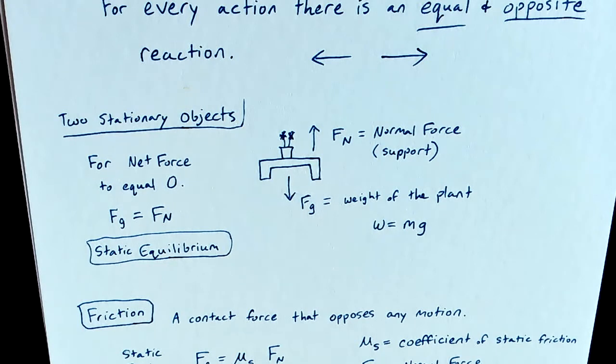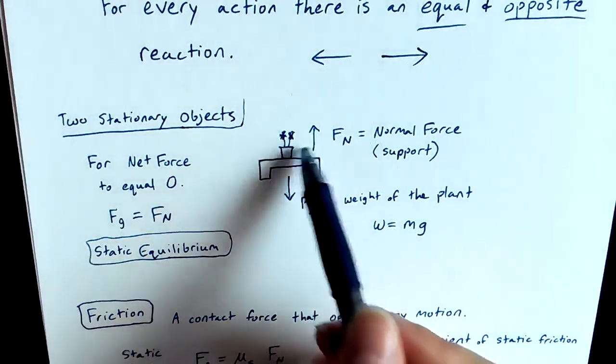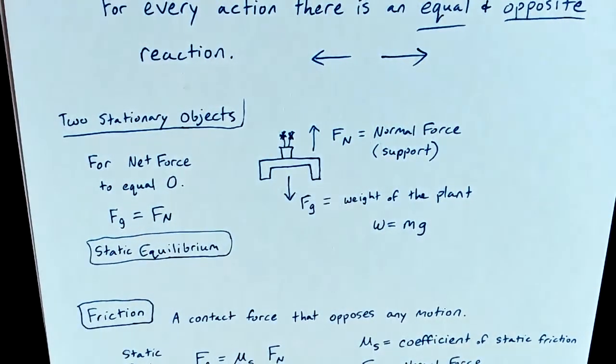Now, if we wanted to move one object instead of the other, in the real world, we deal with friction. That is a contact force. Contact meaning it has to make contact with an object to exert force on it, and it opposes any motion.